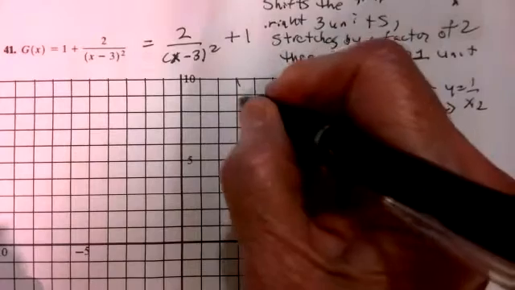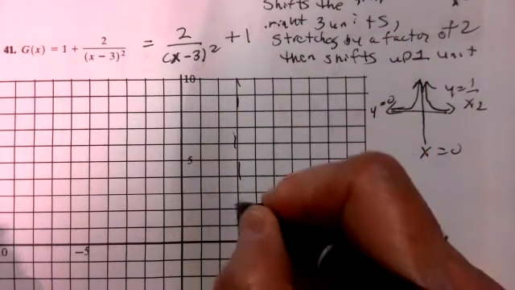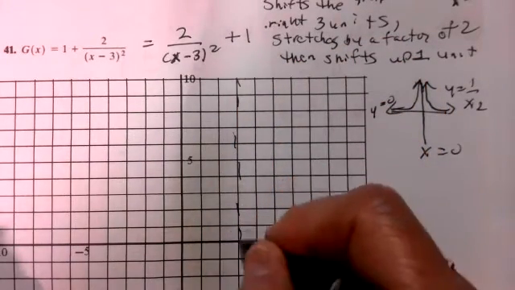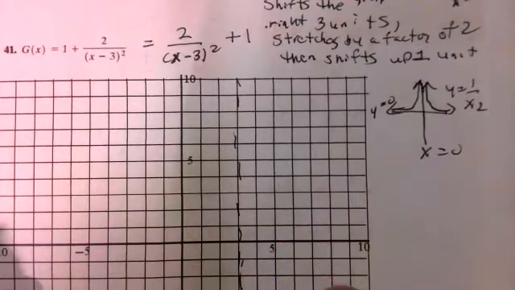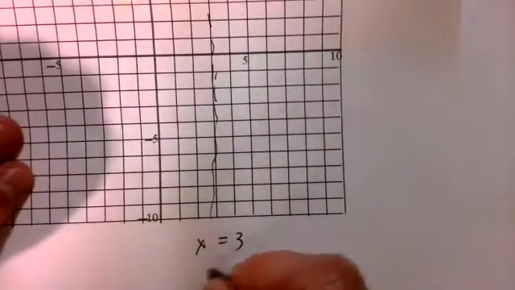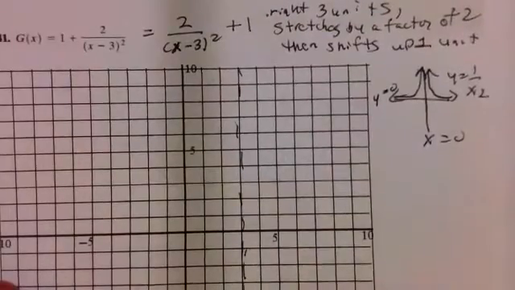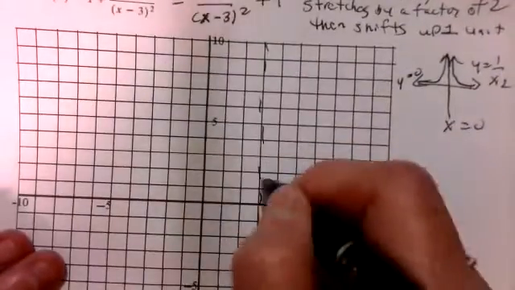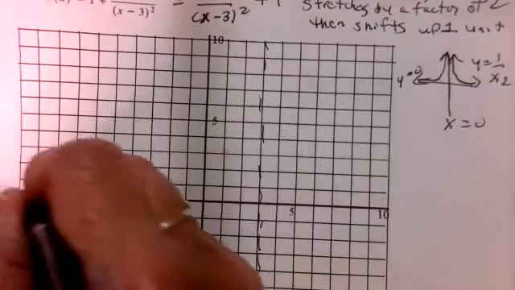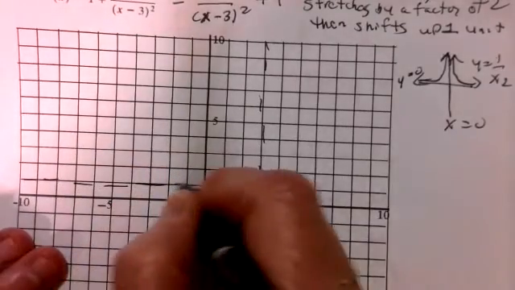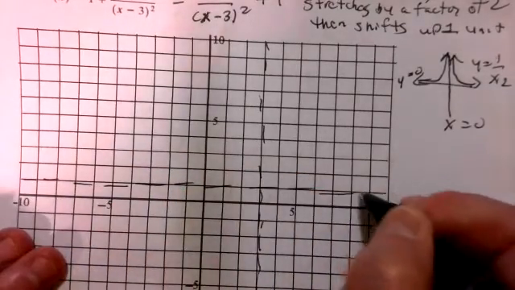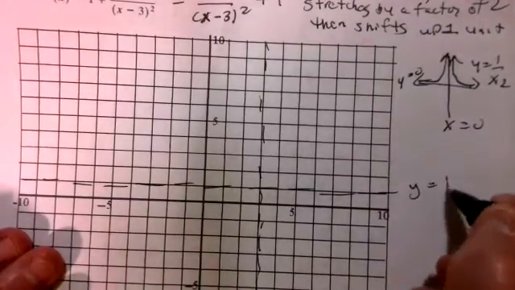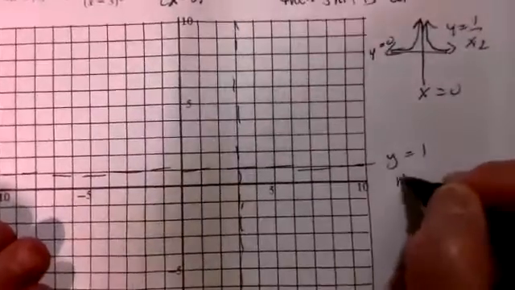So if we go over to 3, x equals 3, that's going to be the vertical asymptote. And then it shifts up 1 unit. So right here at y equals 1, that's going to be the horizontal asymptote.